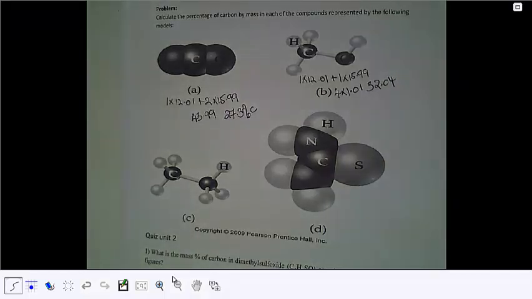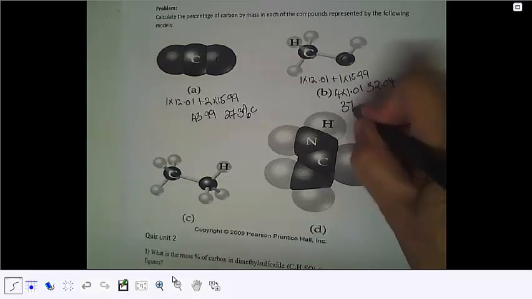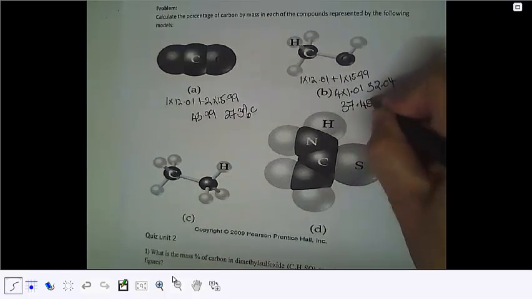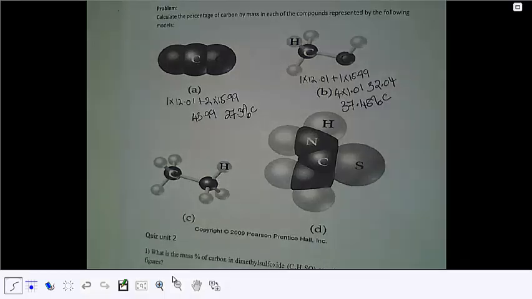You're looking for carbon. There is only one carbon, so you take 12.01, you divide it by 32.04, and when you multiply by 100, you should get a value of 37.48% carbon by mass in methanol.